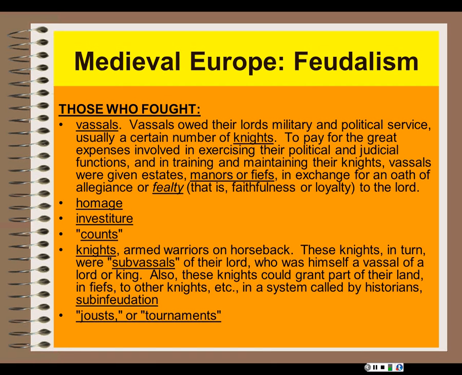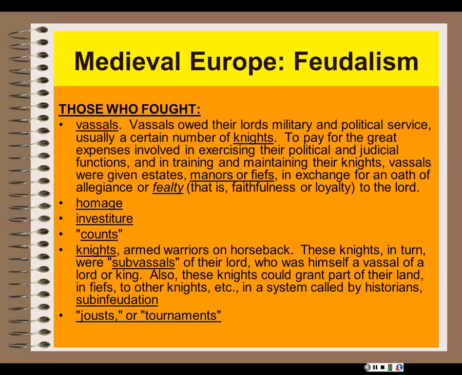And we could go and look at all of this and look at counts. Vassals in turn might grant some of their fiefs or their lands to their knights, who were generally armed warriors on horseback. Those knights, in turn, were sub-vassals of the lord, and sometimes the lord was a vassal of another lord or king, so you would have literally sub-infeudation.